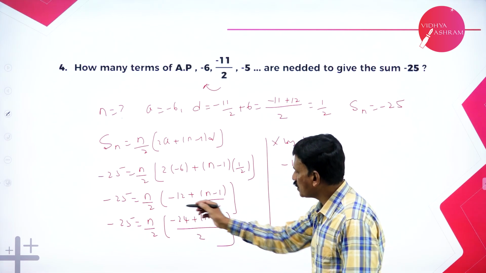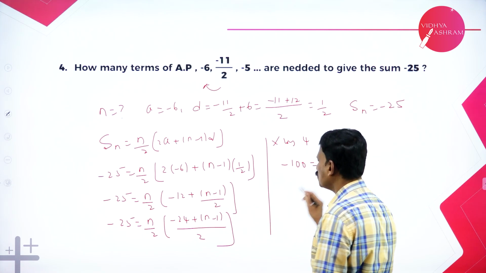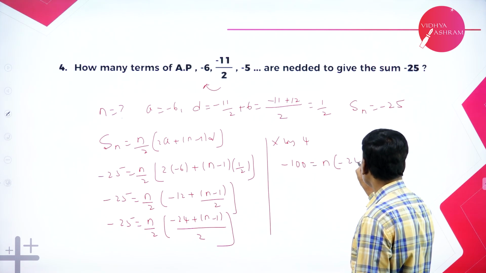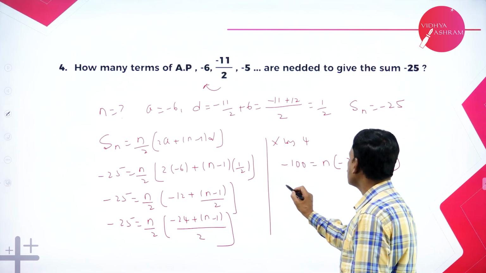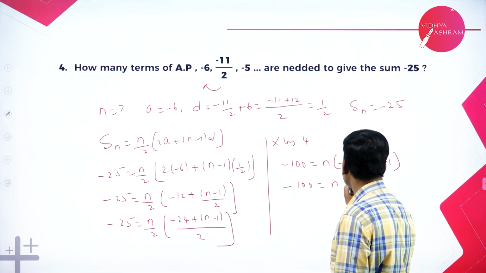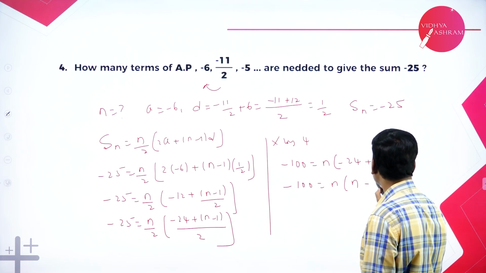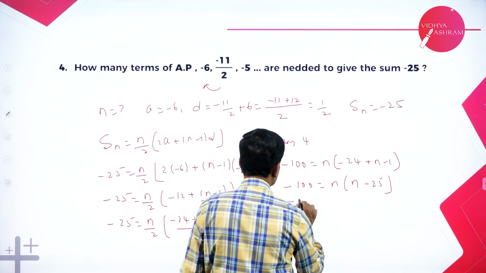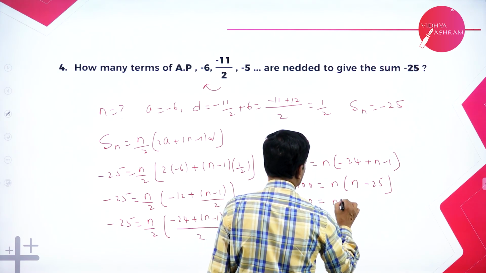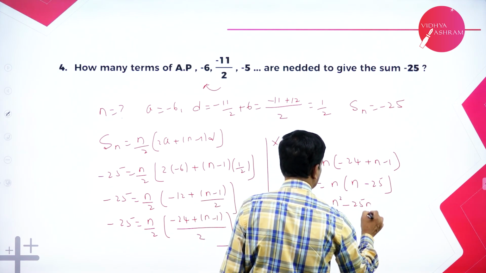This 2 twos are 4 gets cancelled. n into what we have: (-24 plus n minus 1). So -100 is equal to n into (n minus 24 minus 1, which is -25). Multiply this. -100 is equal to n squared minus 25n.